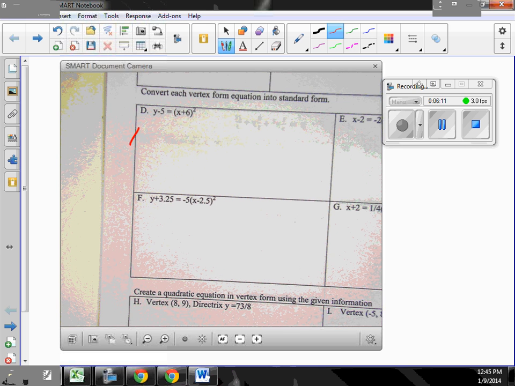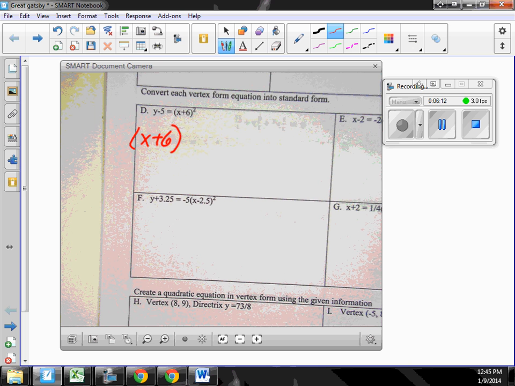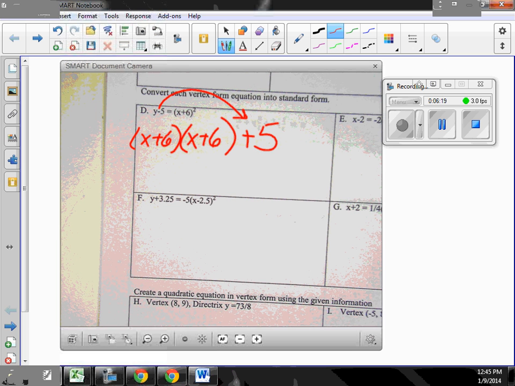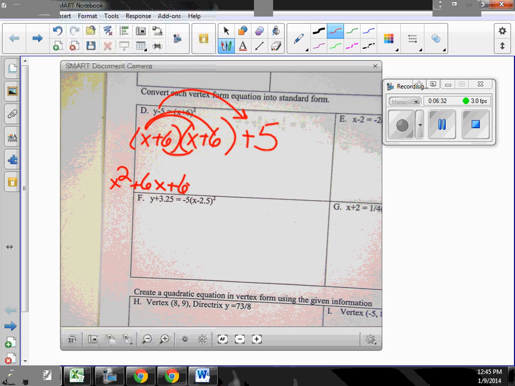So x plus 6 times x plus 6, and then I'm going to add the 5 on the end. So x squared plus 6x plus 6x plus 36 plus 5.